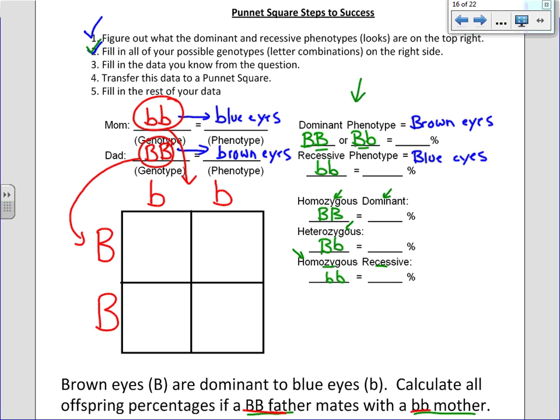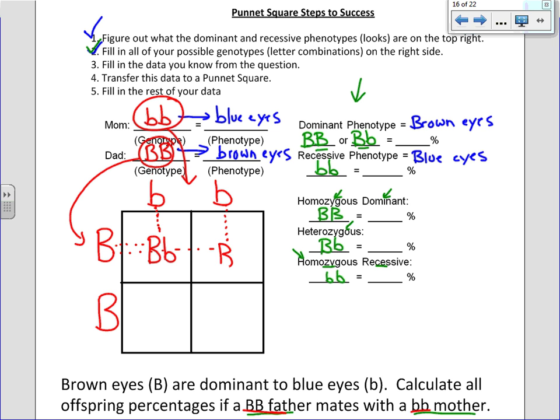Now this Punnet square is going to allow us to show all of the possible combinations that dad's sperm and mom's eggs can make in terms of babies. So what you do is you simply take a look at which lines up with which. In this case, there's a big B on top, a little b on top, and a big B on the side. So in this box, you'd write big B, little b. In this square right here, there's a little b on top, and there's a big B on the side.